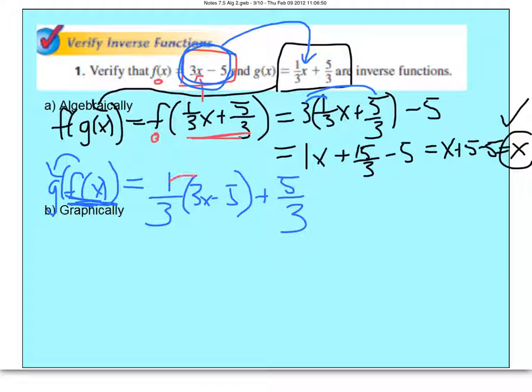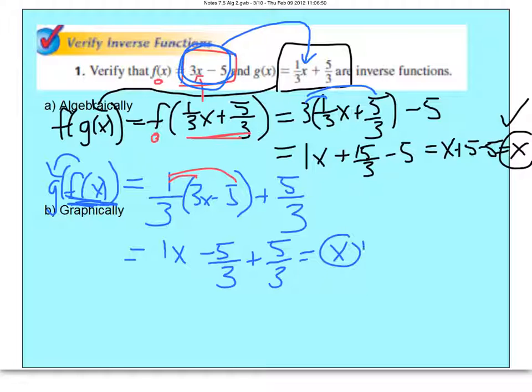And I'm going to distribute the 1/3 through. This will be 3x over 3, which is 1x. So it'll be 1 times negative 5, which is negative 5/3, then plus 5/3, and this just clears out to x. So yes, they are inverses.